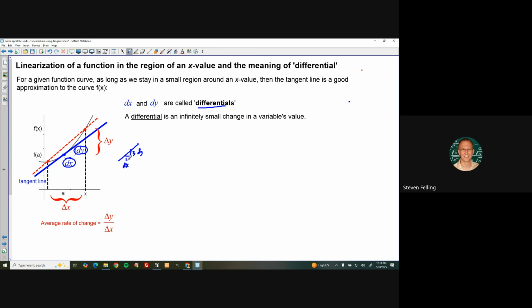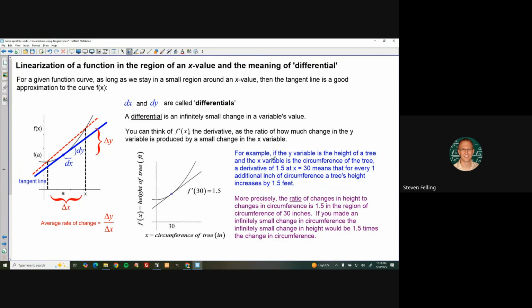Something like that. So you can think of the differential as a sensitivity: how sensitive are changes in y to changes in x. Okay, but for practical purposes, dx and dy are infinitely small changes in the x and the y direction.